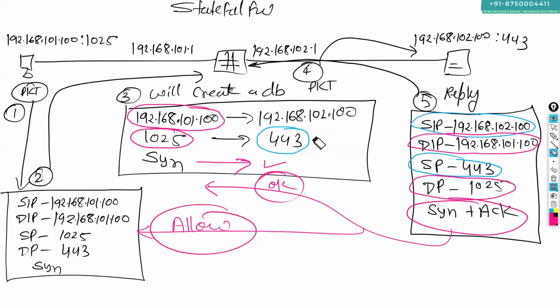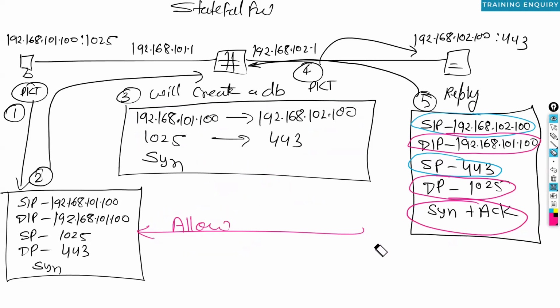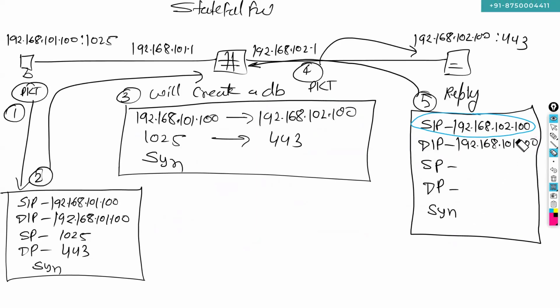What will happen if this information does not match? Say the server does not give a reply. Now assume this server is not giving a reply. Instead of a reply, the server is sending a request.